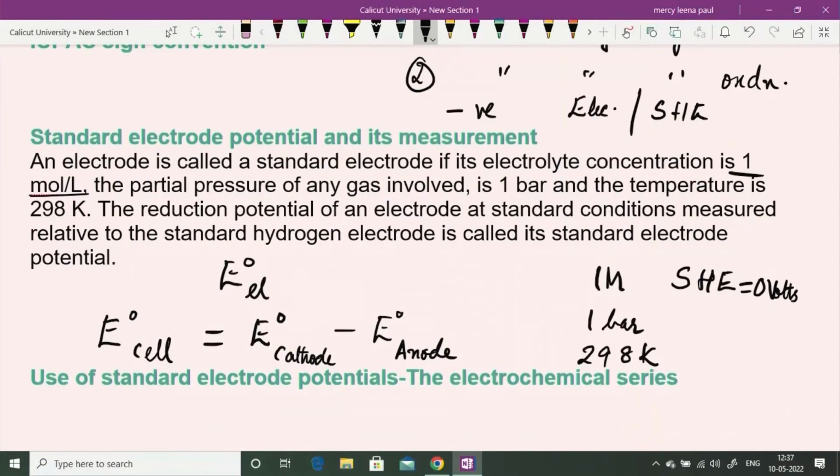It is not exactly 0 volt, but we consider the potential developed on a hydrogen electrode to be 0. We are considering it just for setting up a scale, and based on that, in reference to the standard hydrogen electrode, how much potential you get for any other electrode is taken as the standard electrode potential of that particular electrode.